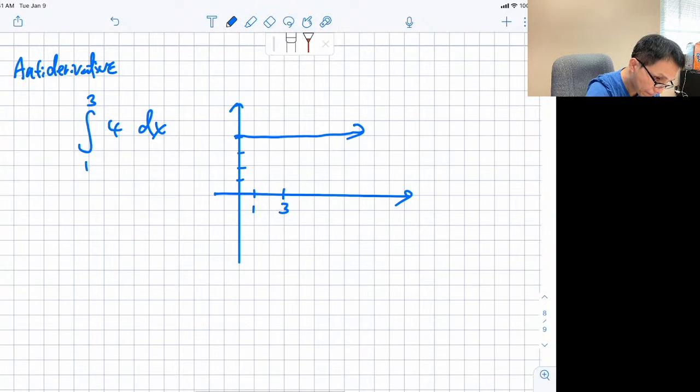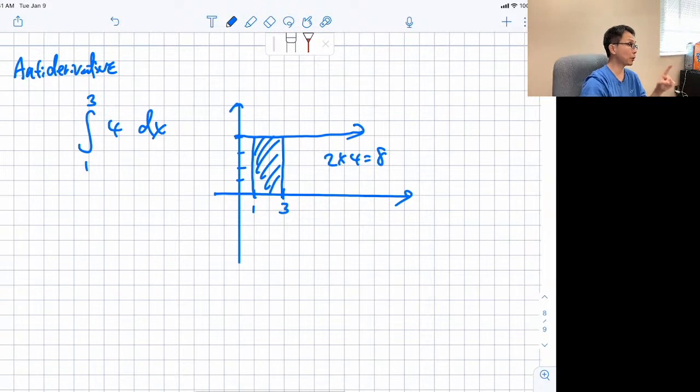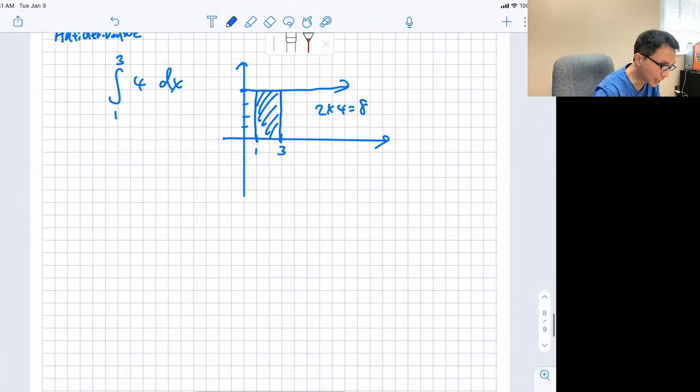And then 2 times 4 is 8. So this is called the geometric way to find the integral. Why is the geometric way very important? We're going to talk about it in a second. It's super important for me because students usually have a hard time doing stuff like this.